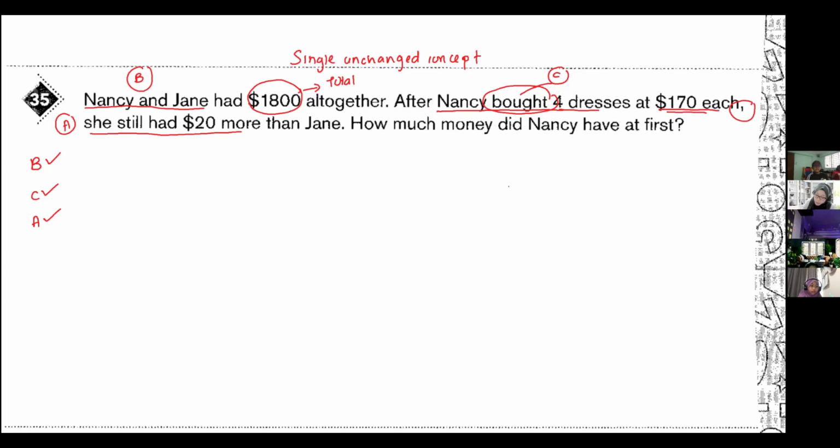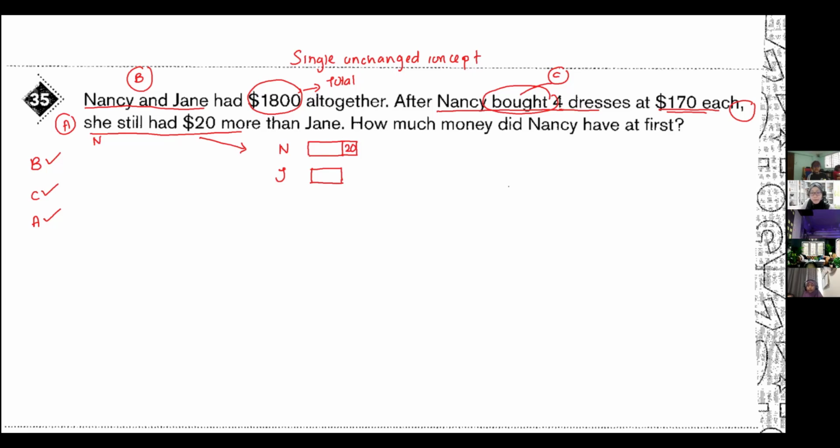Right now, I want to bring your attention to this after. The word she here refers to Nancy. So I have a comparison between Nancy and Jane. So in the end, Nancy and Jane, like that, same model. However, Nancy has $20 more. $20 more like this. Can you see?